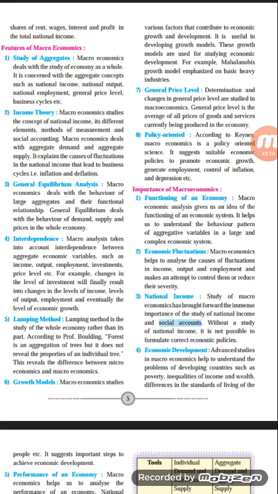Example given here is changes in the level of investment will finally result in changes in the level of income, and changes in the level of income will have a problem related to the output, and when the people have a problem related to the output, the employment and eventually the level of economic growth will come down.